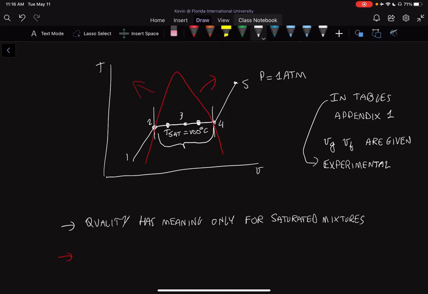And as a second point, as a follow-up, essentially what you would write is that quality is not applicable for superheated vapor or compressed liquid.